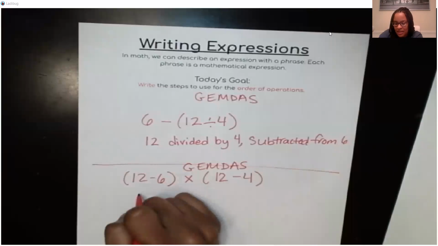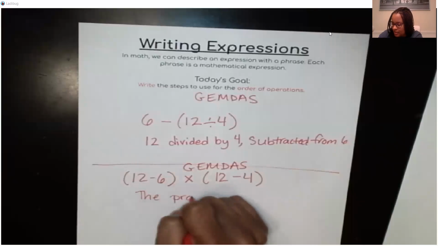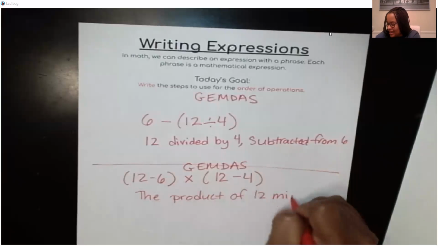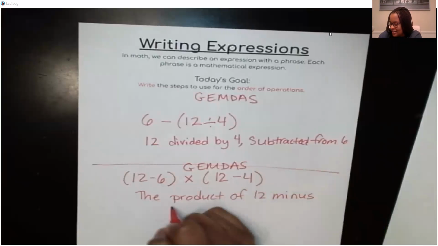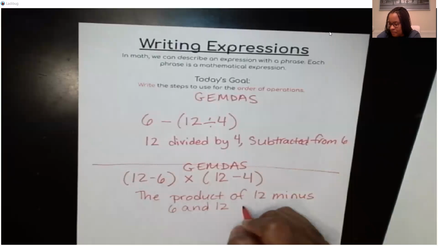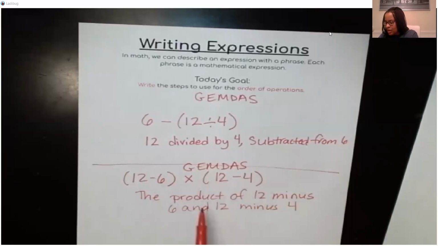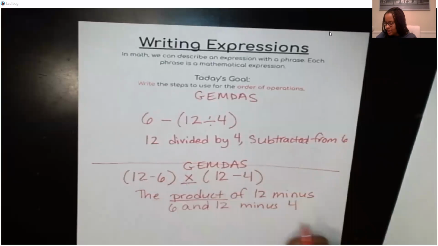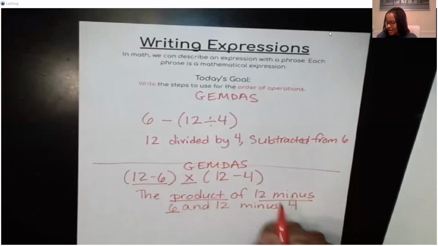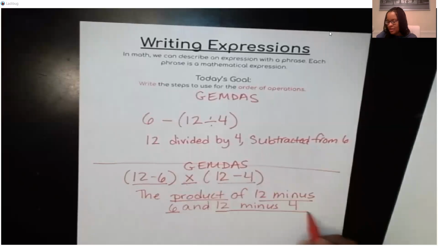So I could say something like the product of 12 minus 6 and 12 minus 4. Let's make sure that makes sense. So I'm saying the product, because this means product, right? So this is the product of 12 minus 6 and 12 minus 4.